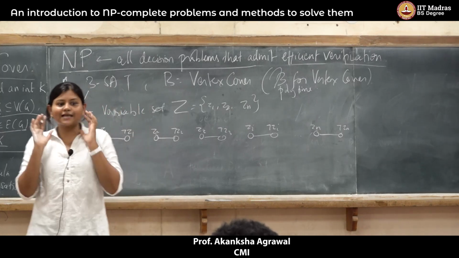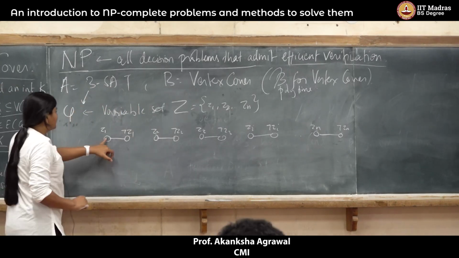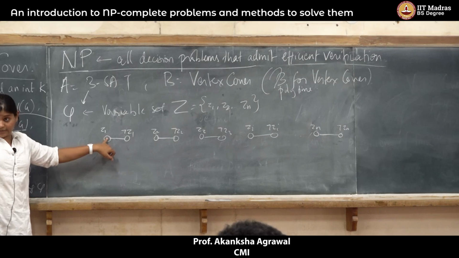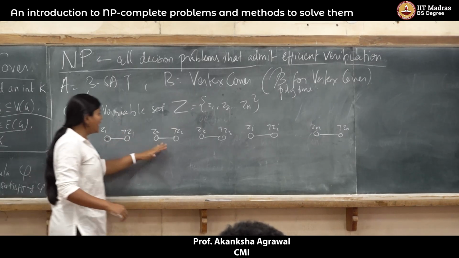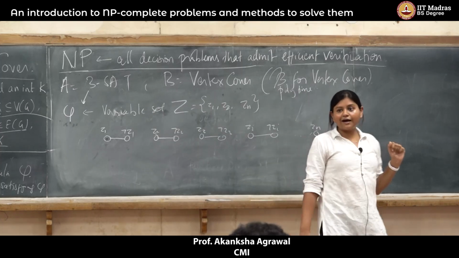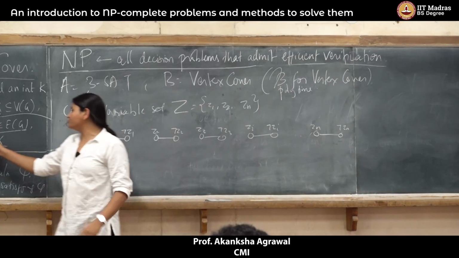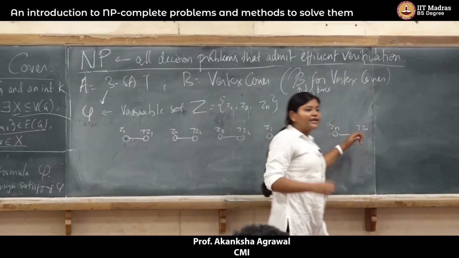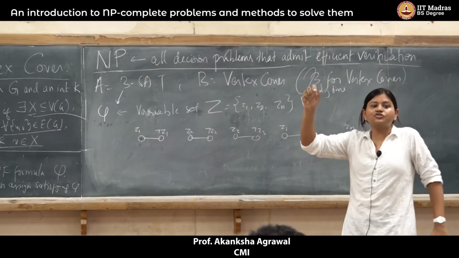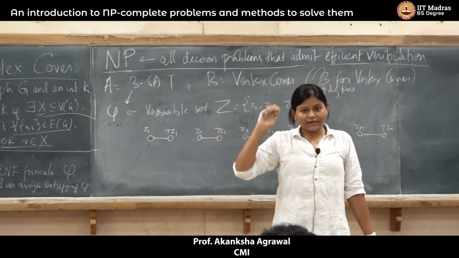Imagine if a variable, say z1, is set to true, you choose the vertex z1. Note that we have created n many edges in the graph, and for every edge we have to choose at least one endpoint, which means any vertex cover will have to select at least one of the endpoints, right?